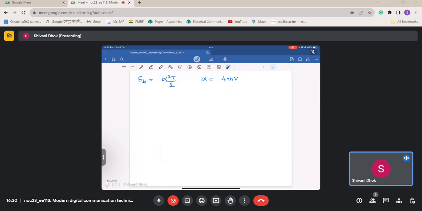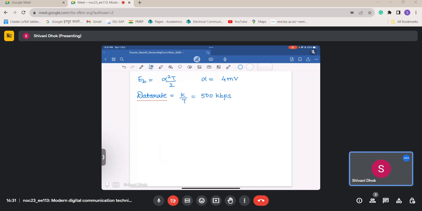So what we are having is data rate, which is equal to k by T is equal to 500 kilobits per second.